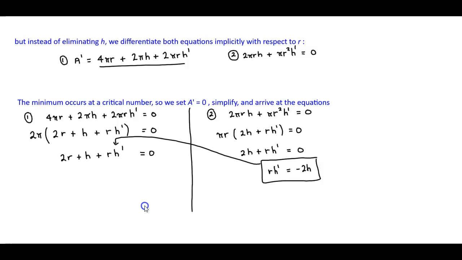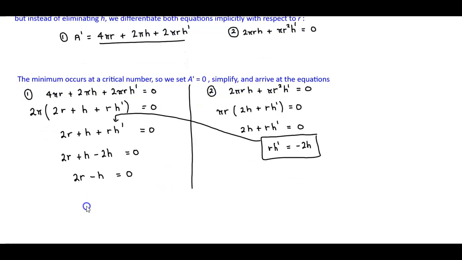So we end up getting 2r plus h minus 2h, and that's equal to 0. And so we end up getting 2r minus h, which is equal to 0. We want to solve for h. If we solve for h, we get negative h equals negative 2r. And therefore h is going to equal 2r, which made it a lot easier solving this implicitly as we did in the previous example.